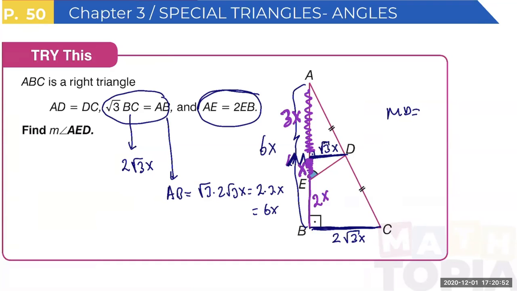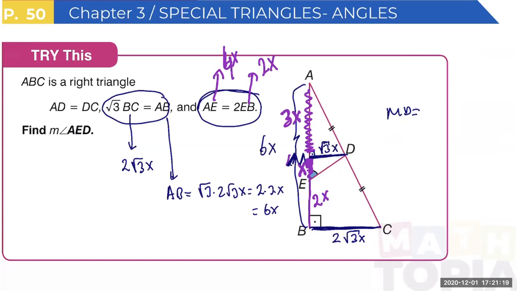Why? Because 3x plus 3x equals 6x. But how do I know this is 2x? Because using the ratio. Because this is 6x. Let's say AE. Sorry, this is 4x, right? And then this is 2x. That is the only thing that makes 6x, right?